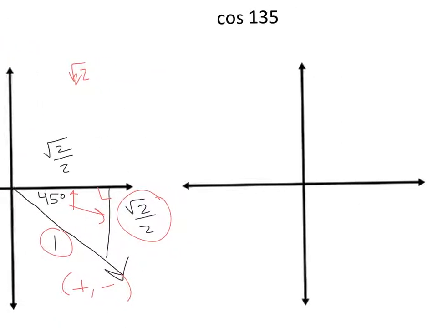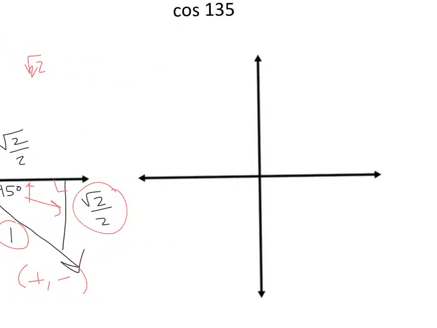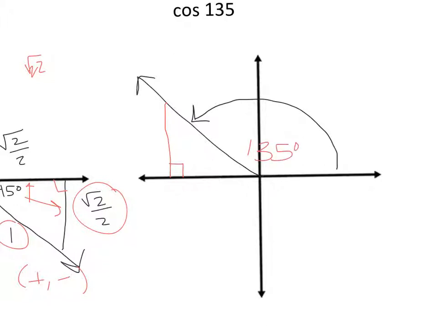And the cosine of 135. You're going to go 135 degrees, so it's positive 135, which is over here. Make your reference triangle that goes down to the x-axis. If this is 135 degrees, this has to be 45 degrees.